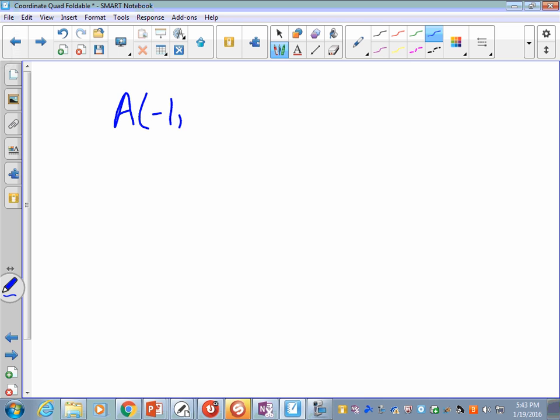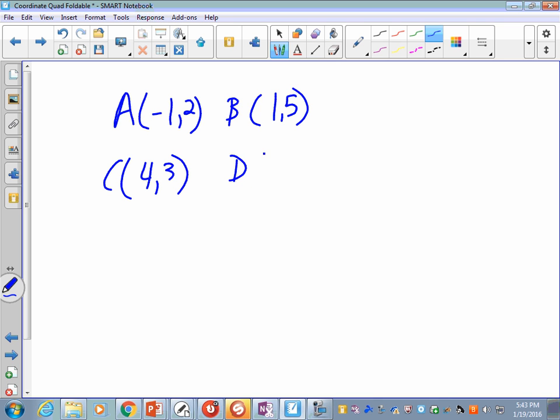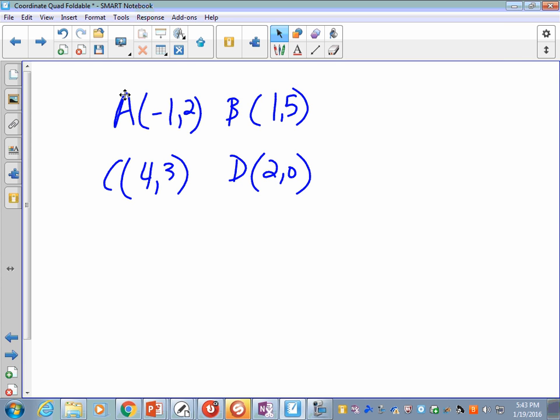A was negative 1, 2. B was 1, 5. C was 4, 3. And D was 2, 0. So with your graph paper, I want you to create a coordinate plane, graph these points, and I want you to prove to me what the quadrilateral is. What quadrilateral is created when you connect these vertices together.